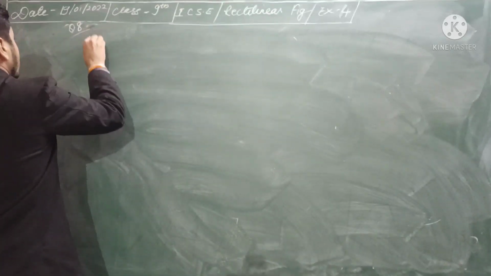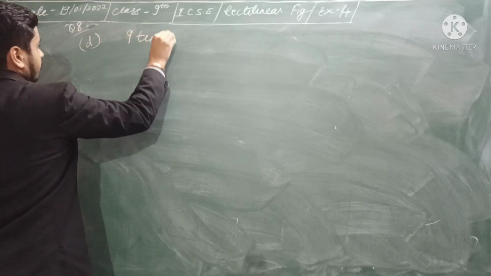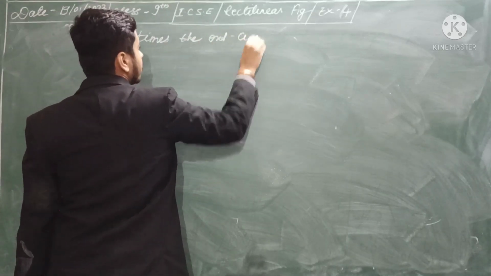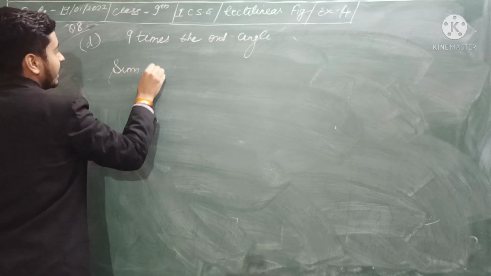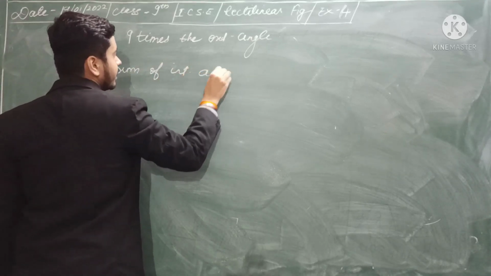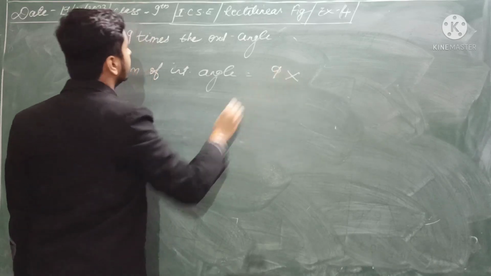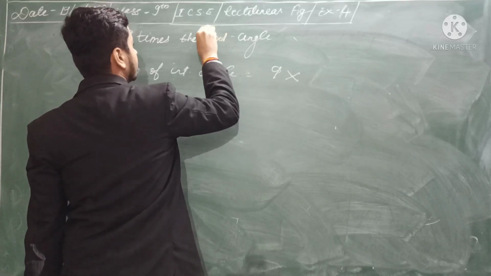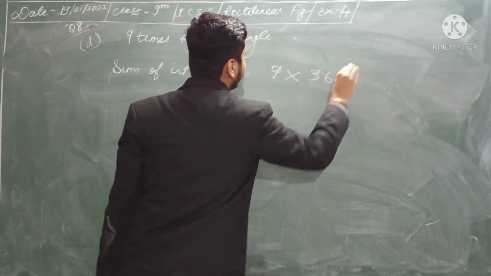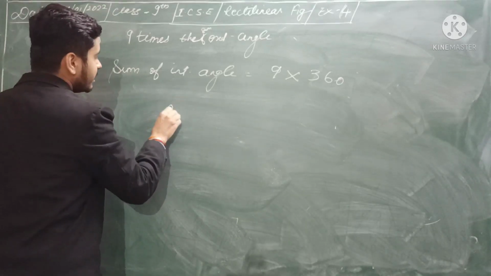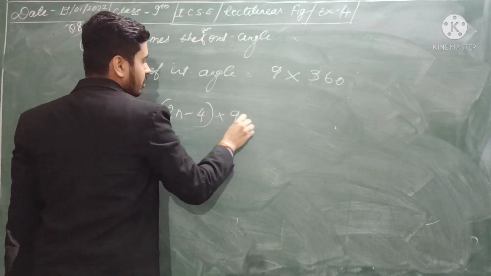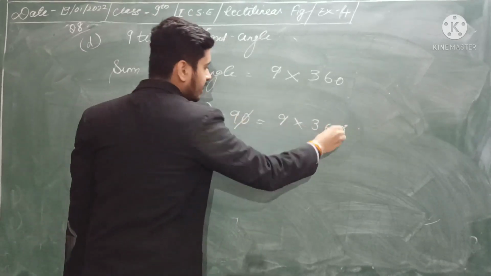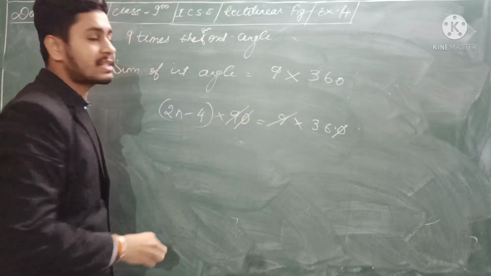Okay. Question number D. 9 times the exterior angle. Okay. So again, the sum of interior angles, they are saying that it is equal to 9 times the sum of exterior angles. So the sum of exterior angles we know is 360 degrees. So the sum of interior angles is 2n minus 4 times 90, equal to 9 into 360. 0 with 0 we can cancel. 9 with 9 is cancelled.